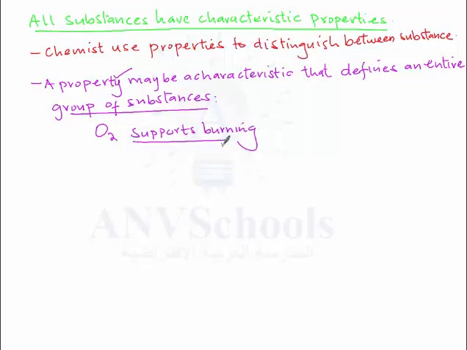When we say that water, for example, boils at 100 degrees Celsius, this is again a property of water. So that property can be used to classify an unknown substance as a member of that group.